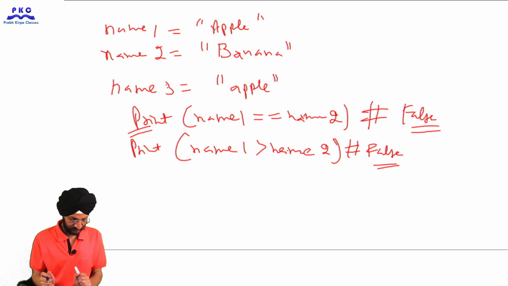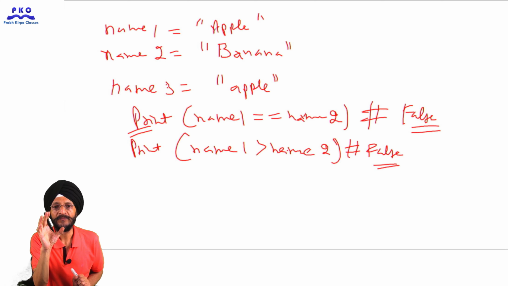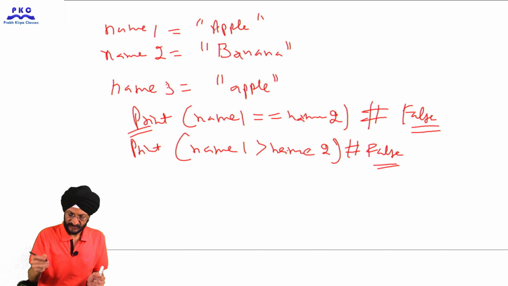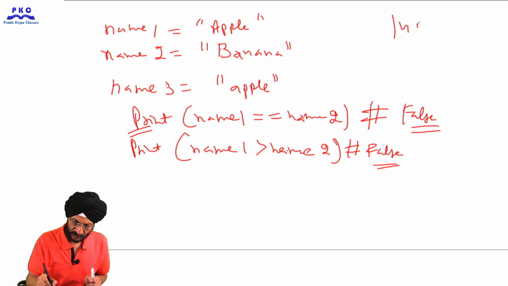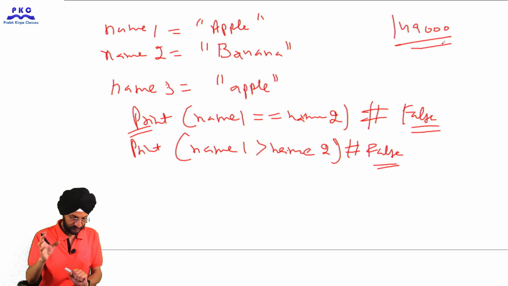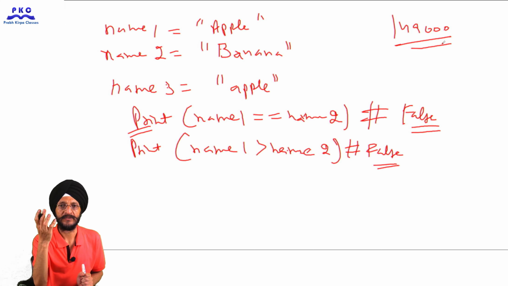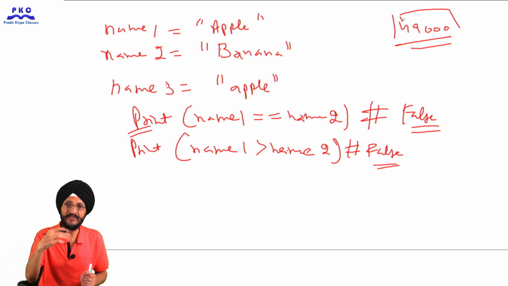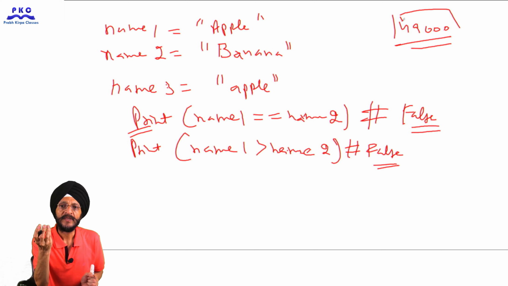Further, A has less Unicode value as compared to B. Unicode has about 1,49,000 characters. Unicode supports this number of characters, and these characters may be letters, emojis, numbers.